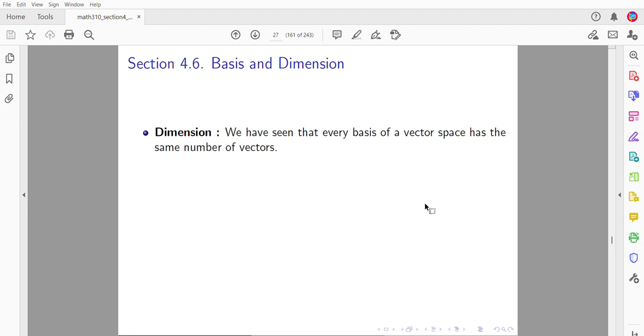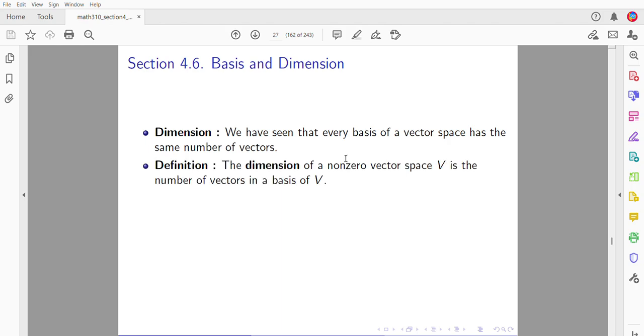What is dimension? We have now shown that every basis must have the same number of vectors. We have seen that every basis of a vector space has the same number of vectors. So the dimension of a non-zero vector space V is the number of vectors in a basis.